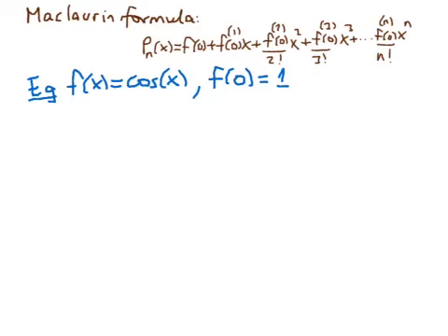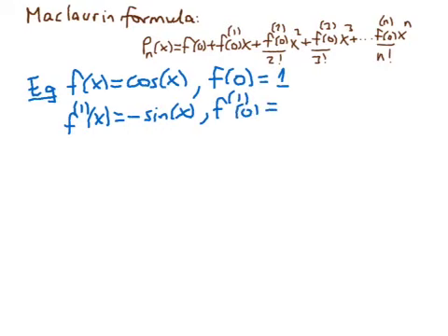We then need to calculate the derivative of the cosine, which is minus sine of x. And we're going to need to evaluate this at x equals 0. So we need minus the sine of 0. But the sine of 0 vanishes, so this also gives us 0.